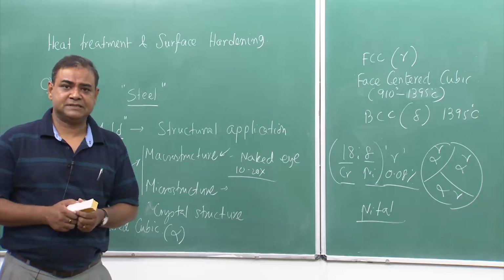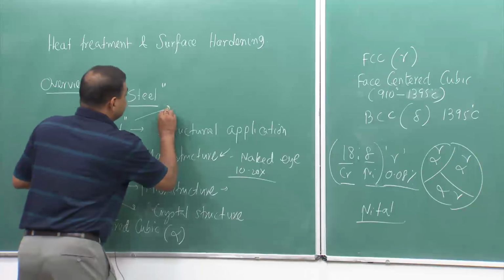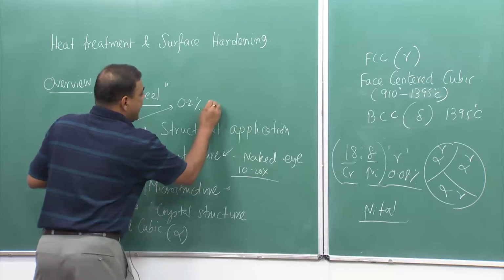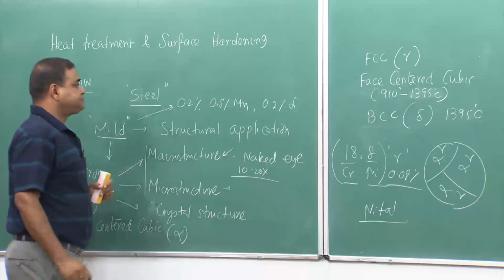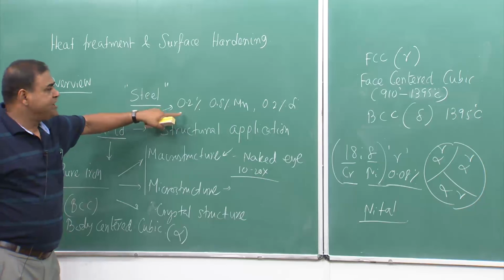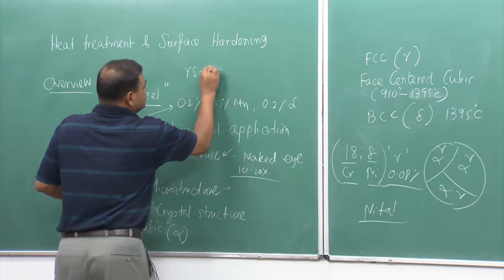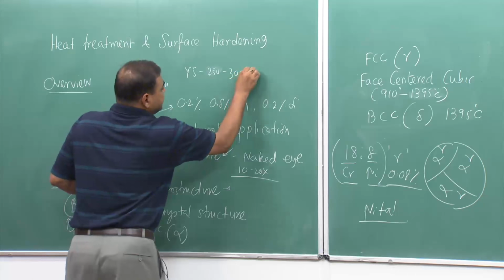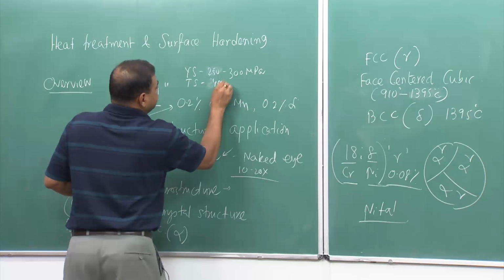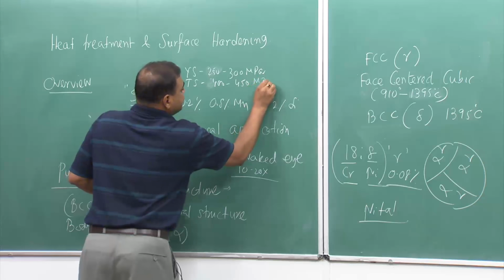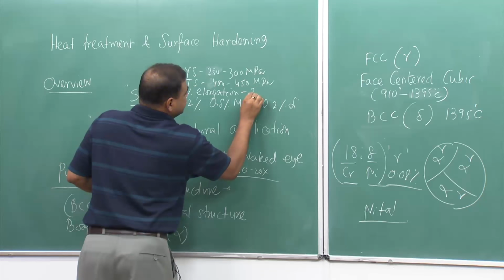Now, if we consider mild steel, and let us say I am considering carbon content of 0.2% carbon, 0.8% manganese and 0.2% silicon, in this case we normally get yield strength around 250 to 300 MPa, tensile strength of about 400 to 450 MPa, and percentage elongation of 25 to 30%.